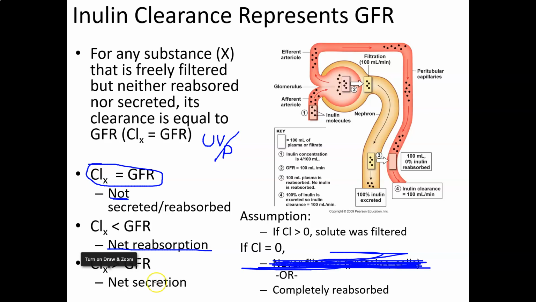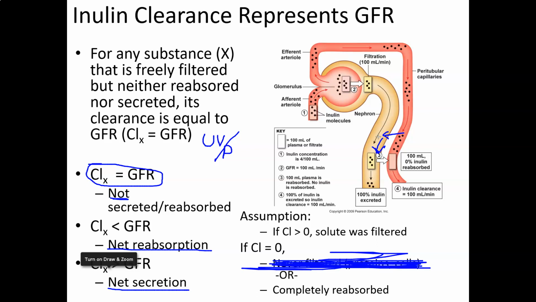Now, we could also have clearance that is greater than GFR. If your clearance is greater than GFR, it says you have net secretion. That means your body is taking things from out of the blood and sticking them into the urine to pee them out. So that's net secretion, and if we're doing that, then we'll see the clearance go up higher than GFR.